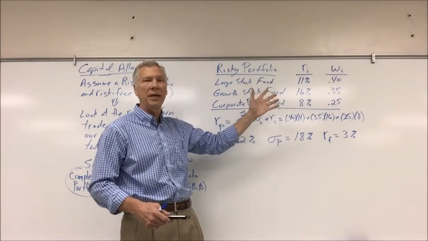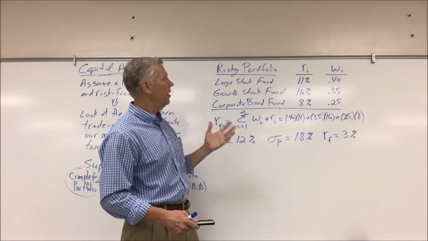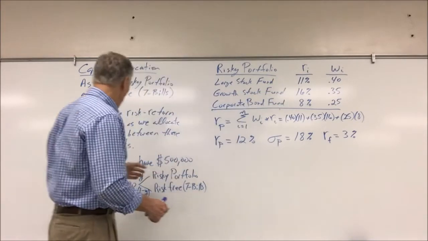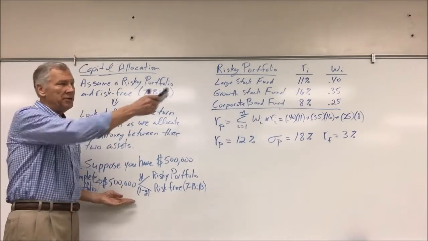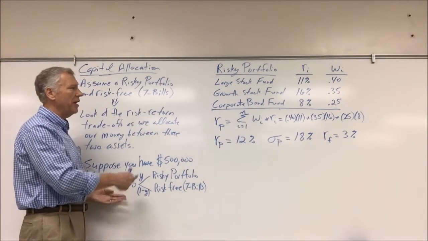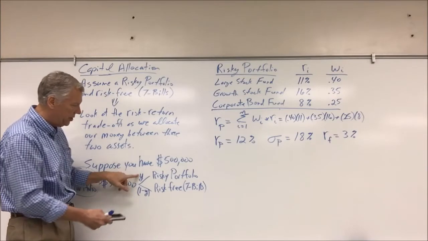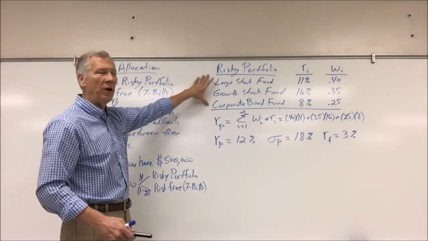How are we going to blend this? Here's what the portfolio looks like. Whatever money we put here, we can put $0, $1, $1,000, or $500,000. We can put any amount of money, any percentage Y, into this portfolio.